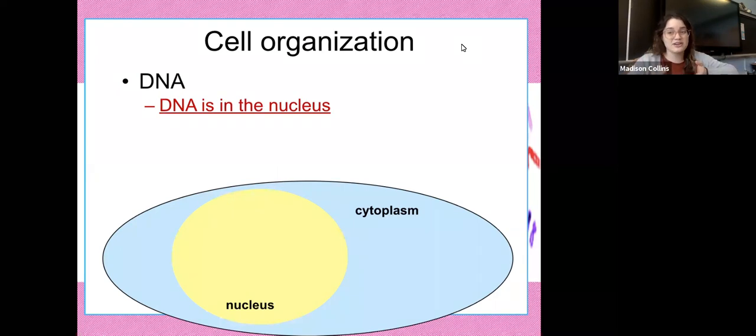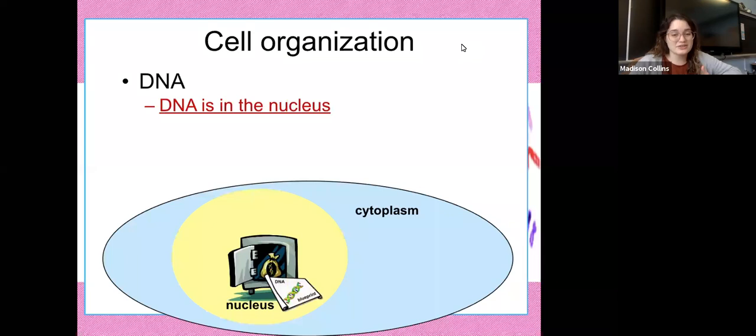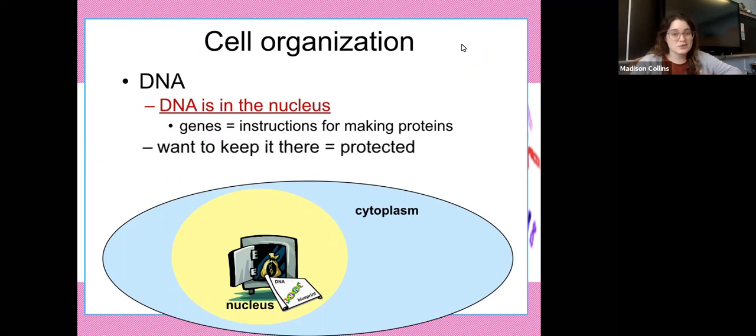There's a physical barrier around it, and the reason is that we want to protect the DNA that's inside. DNA is made up of genes that give us the instructions for making proteins, which is a super, super important job. So it's super important that we keep the DNA inside that nucleus where it's protected. It's basically locked away in a vault or a safe to make sure it stays safe.